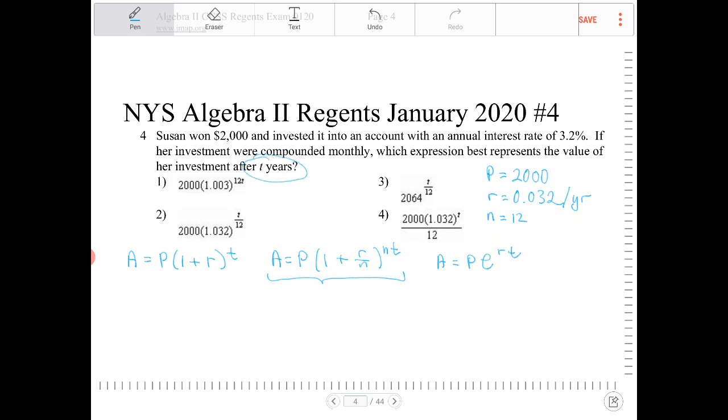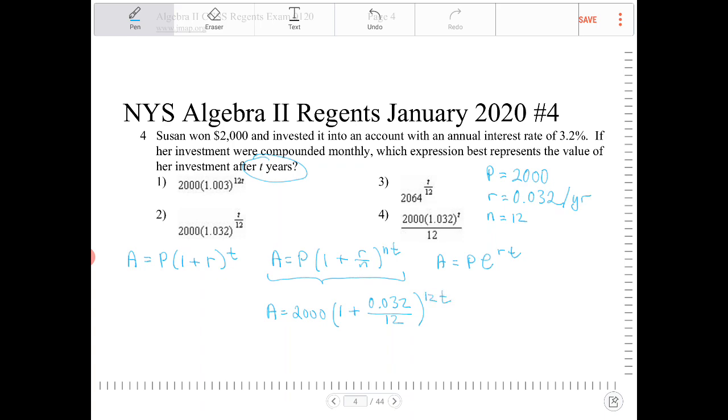They want an expression that will tell us what the value of the investment is after T years. So A is that value. A is equal to 2,000 times 1 plus 0.032 over 12, to the power of 12t.